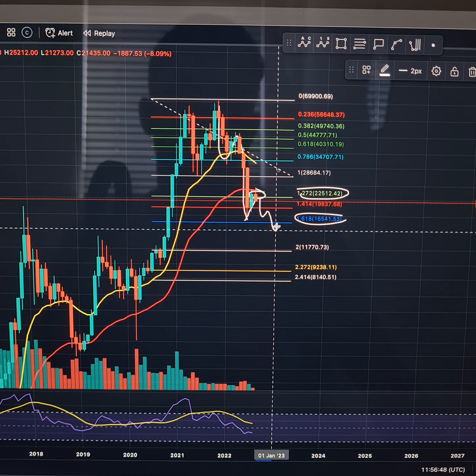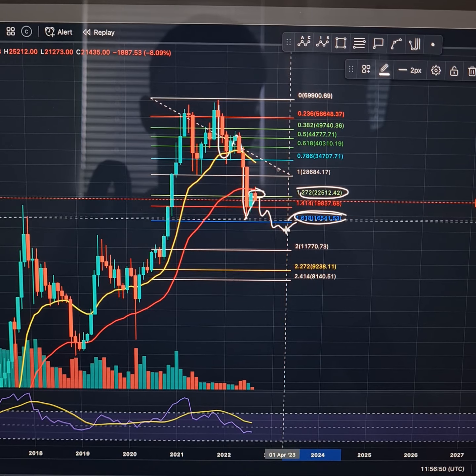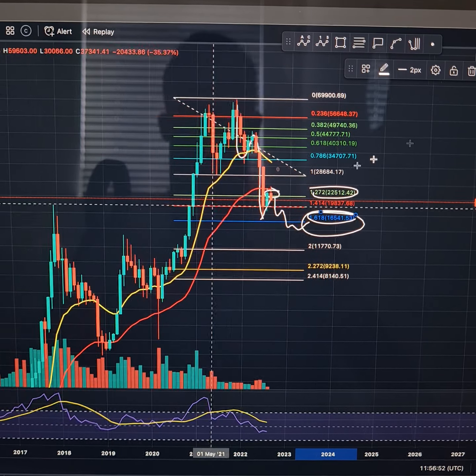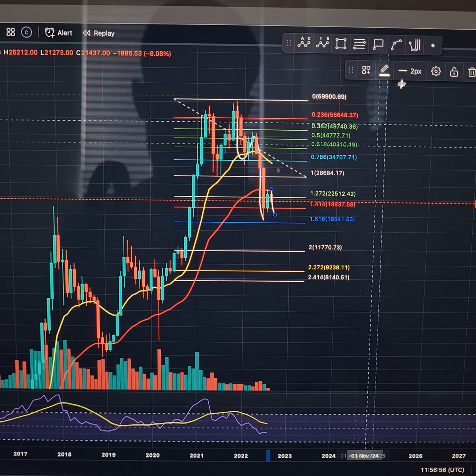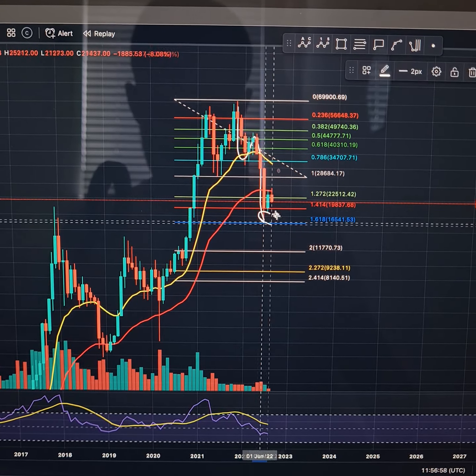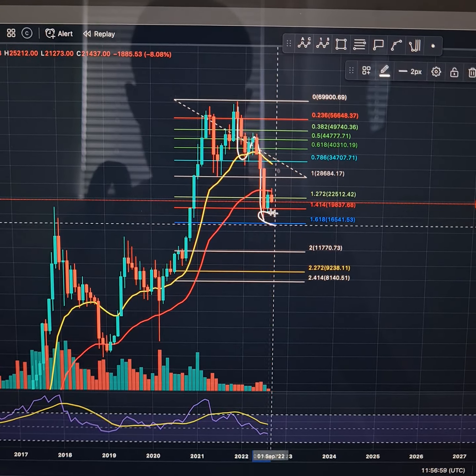So again, this area, the 16 to 14k, 13k, is an area that I'm looking at for Bitcoin moving forward if we continue to see rejection off this monthly time frame and the 17k loss is applied, if we lose 17k. So that's just a quick outlook on Bitcoin, guys.